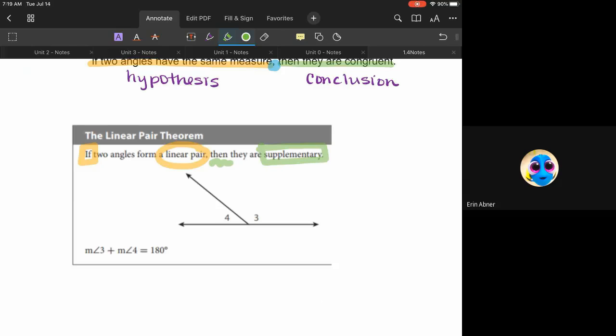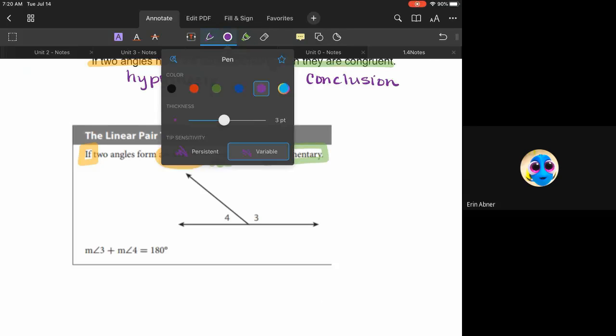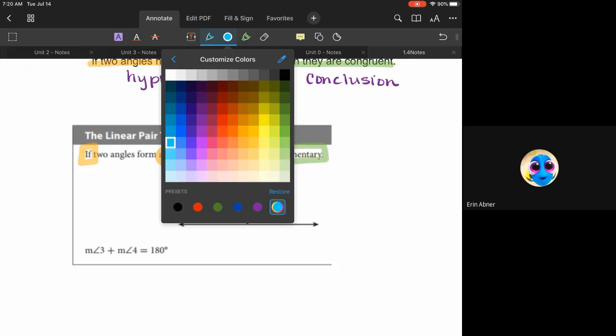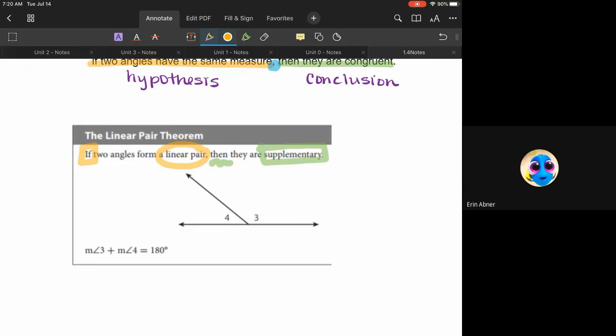Okay, now let's take a look at the wording there. So let's look at our if. So if, linear pair, meaning they form a line. Oh, that's horrible.